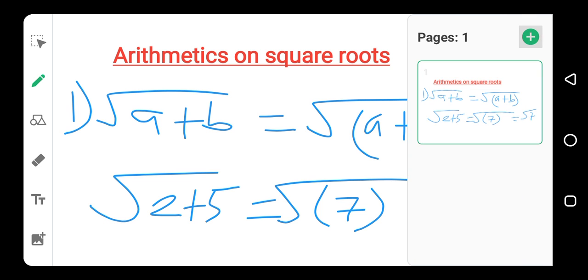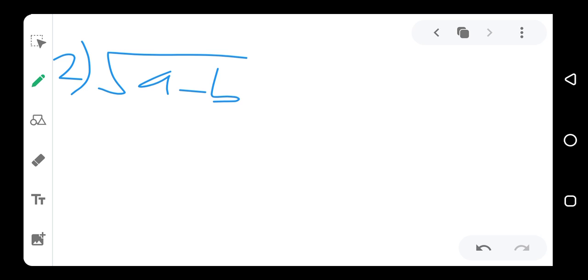Then that of subtraction. If we have root of A minus B, remember that this A can be any number. A can be 1, can be 2, it can be 3, and B can also be any number.